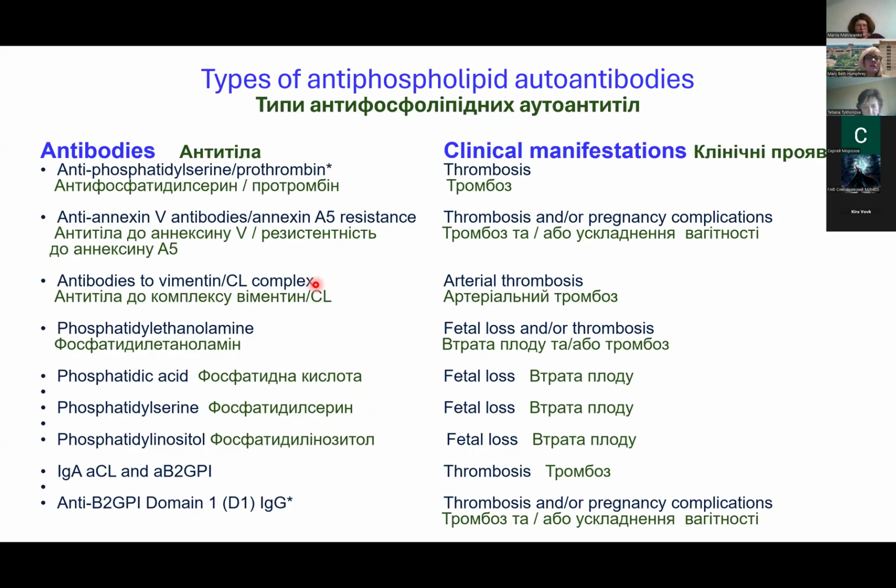All right, so the types of antibodies that can be antiphospholipid antibodies. There's several kinds of antiphospholipid antibodies. It seems to grow every year. So we know that there's phosphatidylserine and prothrombin antibodies. There's anti-annexin 5 antibodies.